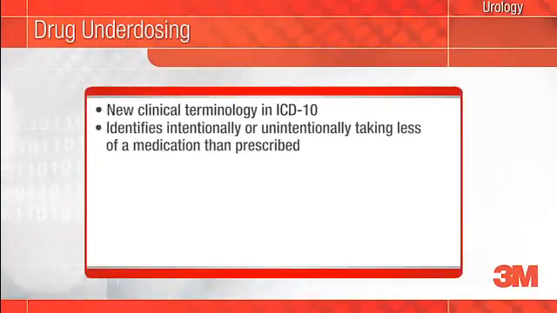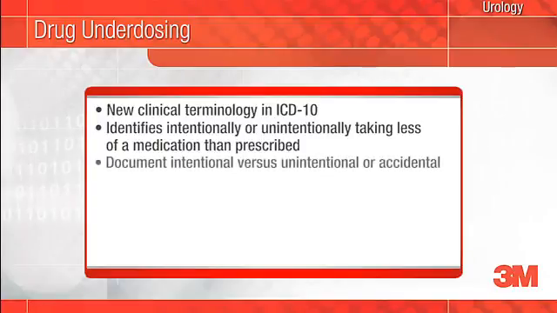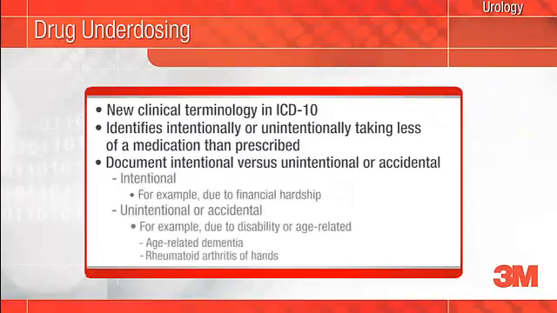Underdosing identifies a situation in which your patient has taken less of a medication than prescribed by you, either unintentionally or intentionally. Document in your notes why the patient isn't taking the correct amount of their medication and the associated condition. For example, a patient undergoing outpatient treatment for a urinary tract infection is admitted with pyelonephritis.